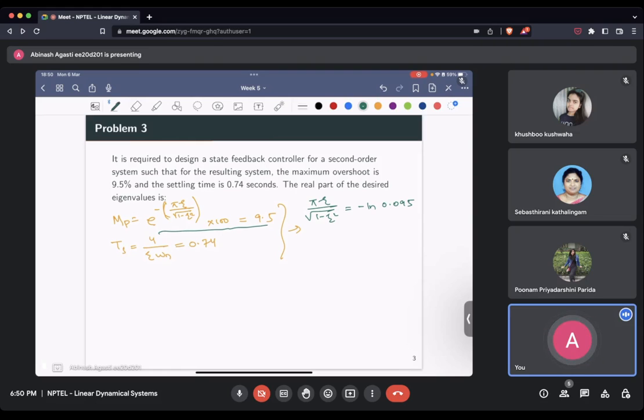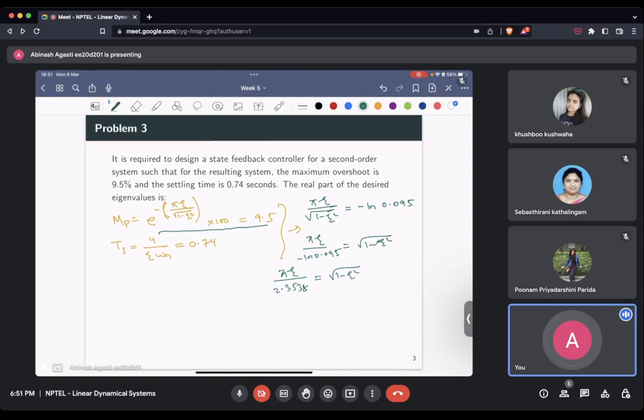Then just taking zeta outside and taking squares, we'll get pi zeta by, so ln 0.095 is given like this. So we'll have pi zeta by 2.3538.